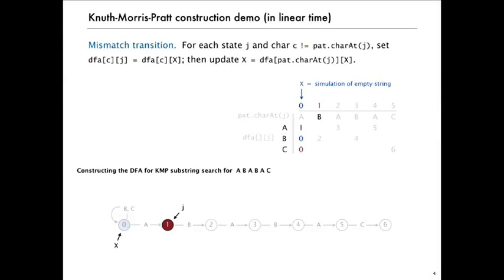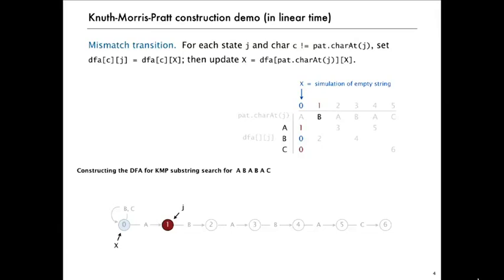Now when we move over, when we're in position 1 of the pattern, X is where we would be if we started out without that character, which would be the empty string. So we start out with just filling in zeros for state 0, and we can do that without any further reasoning. But now we've got X initialized.